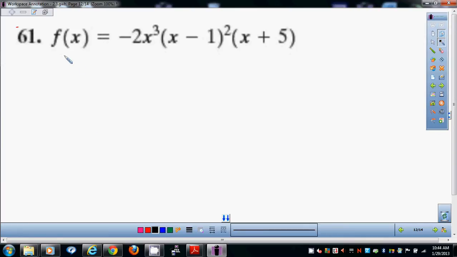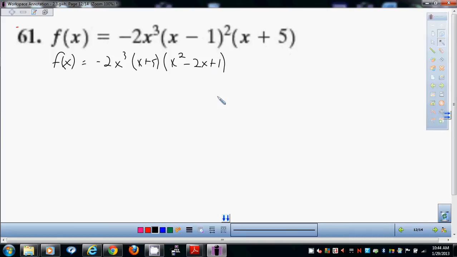I'm going to write the x plus 5, and the first thing I'm going to do is FOIL this part. I'm going to FOIL my x minus 1 squared hoist. I personally think the next easiest step is to multiply through by x plus 5.